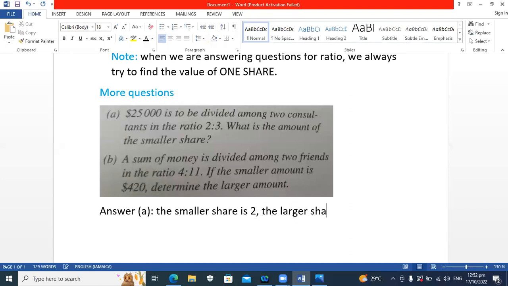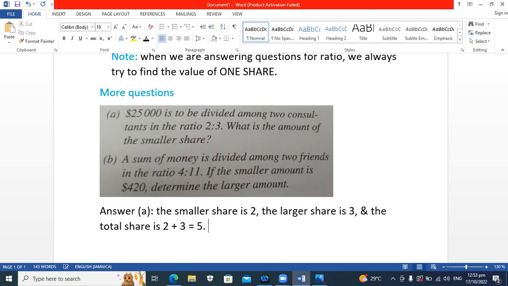The larger share is 3. And the total share is 5, right? 2 plus 3, which is equal to 5.